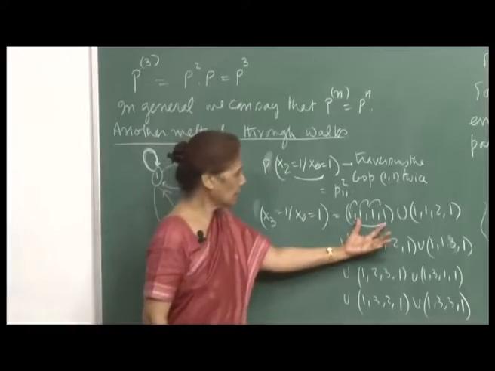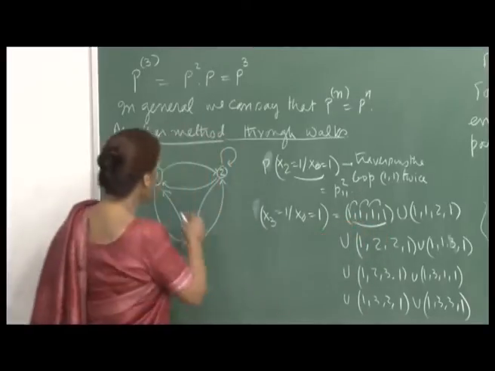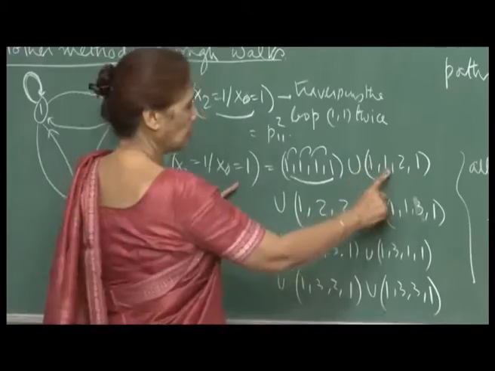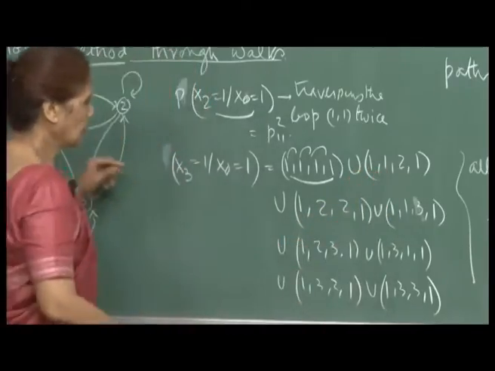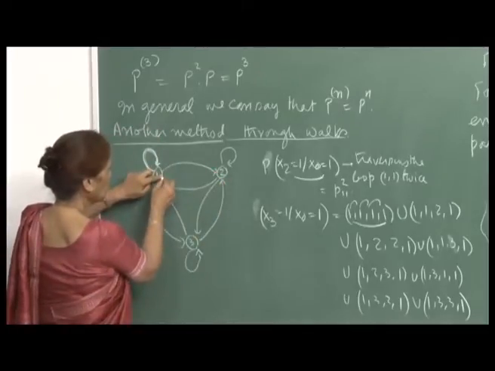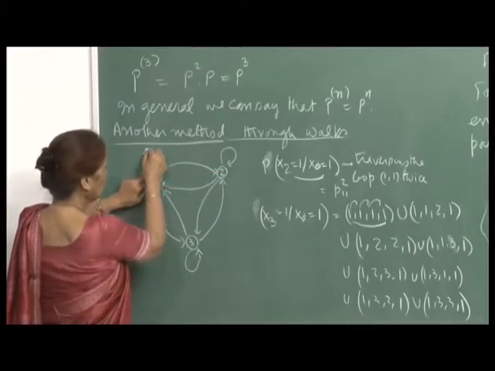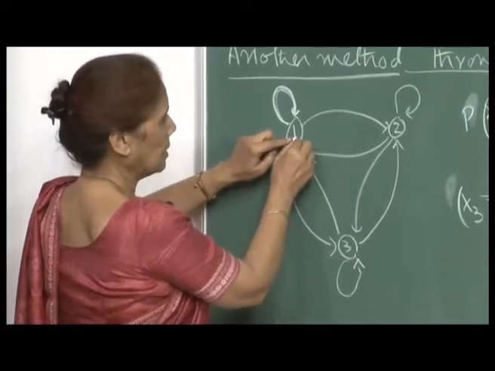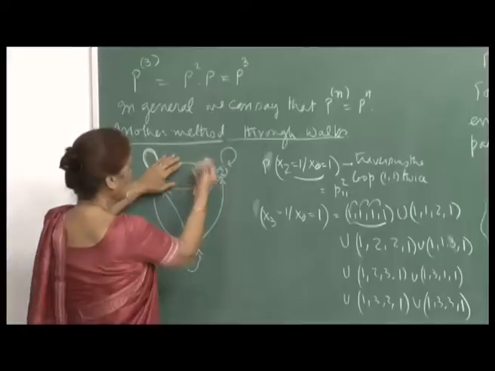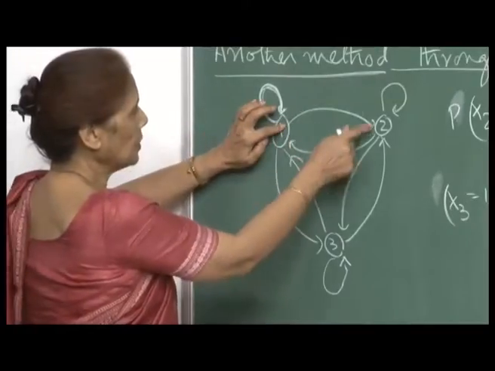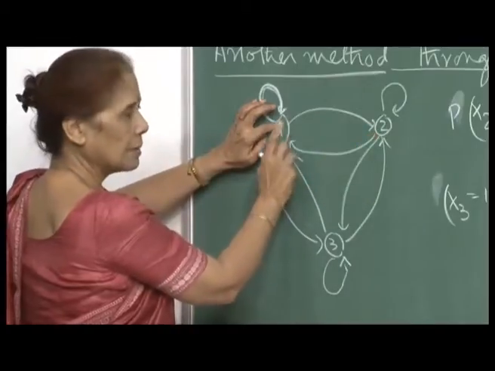Then the other possibility is that you traverse the loop once, then you go to 2 and then from 2 you come back to 1. Or you traverse this loop twice, then you go to 2 and then 2 to 1. So, this is one path, and therefore, here again you can write down the probabilities as p11 square into p12 plus p21, right.